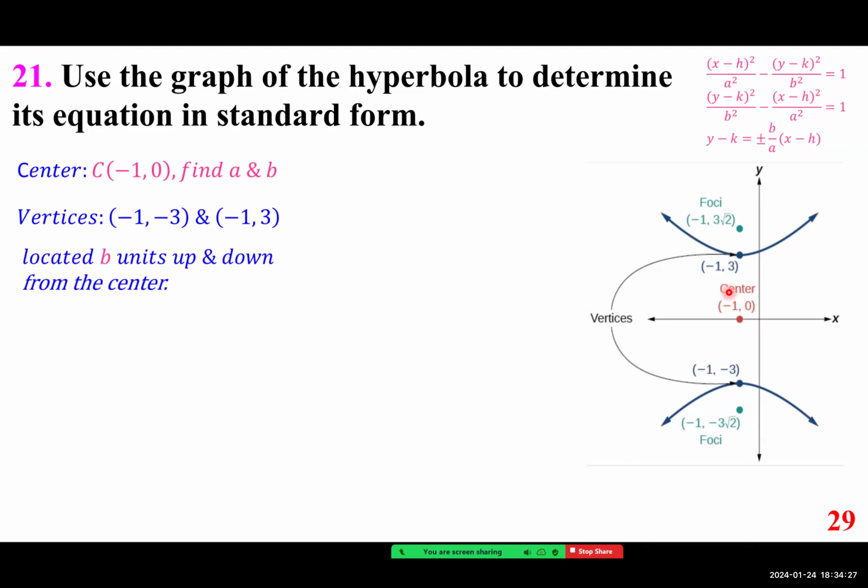Foci has the distance of 3 square root of 2. So it's located at negative 1, 3 square root of 2, and negative 1, negative 3 square root of 2. So c has a value of 3 square root of 2. So b is 3.